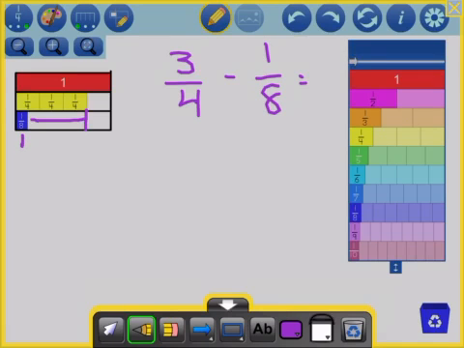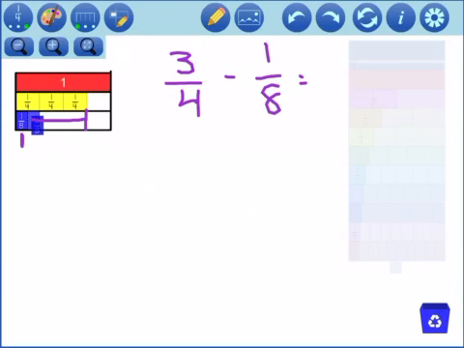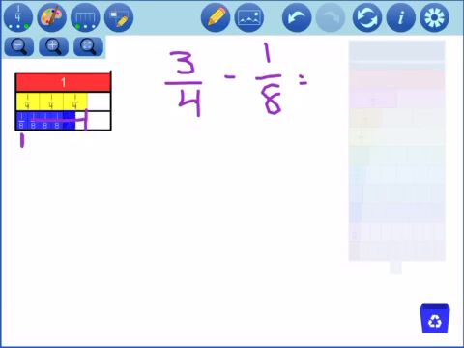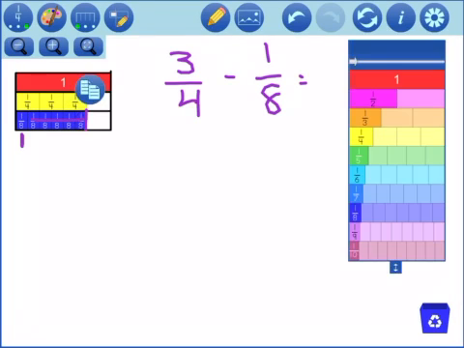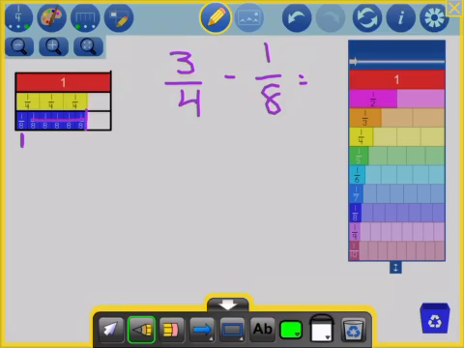I'm going to mark that one purple as being my first one. That's already there. That's what I'm subtracting. So now I need to figure out how many would be the difference. So there they are. That's what lines up underneath that purple that I had originally put there.